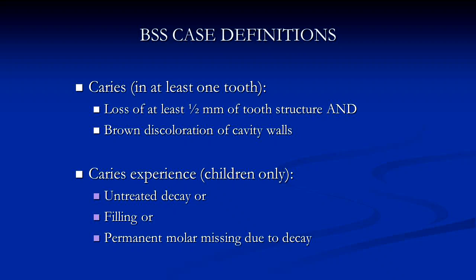I could say, Jody, 50% of your kids have active decay in their mouth, meaning 10 of the 20 kids have active decay, if that's what I was looking for. So it makes really easy data to digest, even for non-dental people.